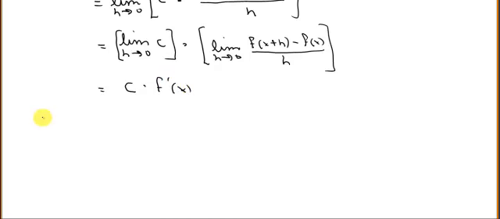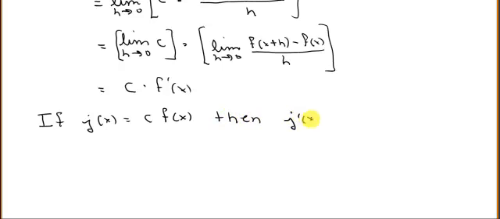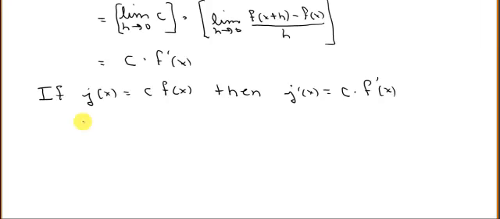So we have the statement that if j of x is equal to c times f of x, then the derivative of j is equal to c times the derivative of f. Or we might write that the derivative of c times f of x is equal to c times the derivative of f of x.